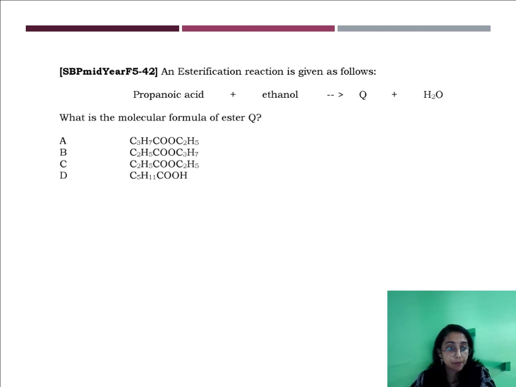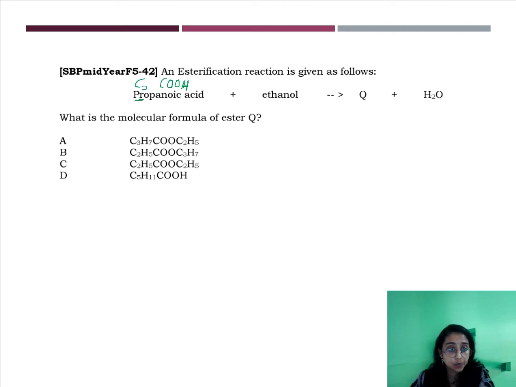Now, same thing, propanoic acid, ethanol, and then you have to find the molecular formula of Q. So how to do that? You please do the propanoic acid first. So we know propanoic acid, COOH. Remember at the back you must start with COOH. So front will be your minus of 1. Propanoic, remember prop 3. So you already have 1. So you start with substitute with 2.